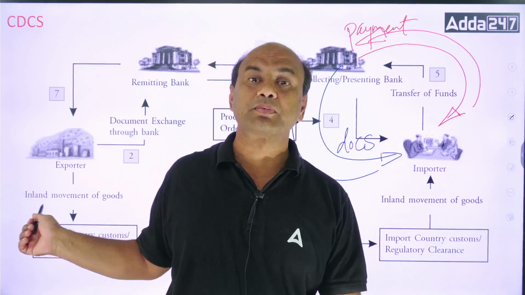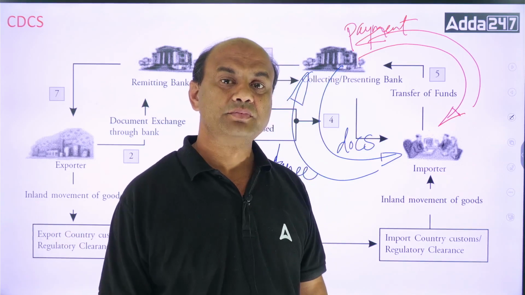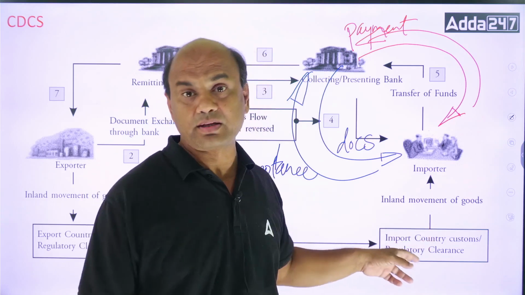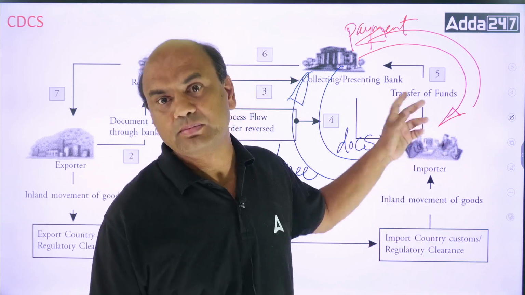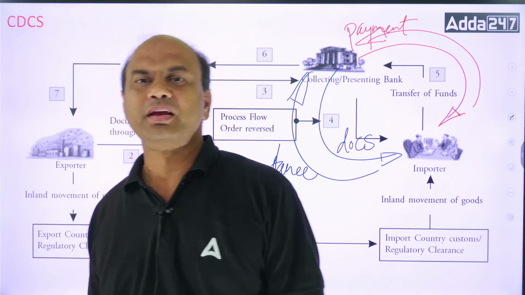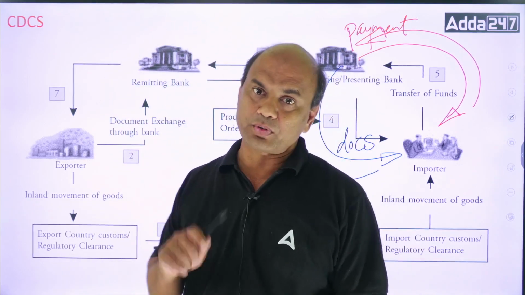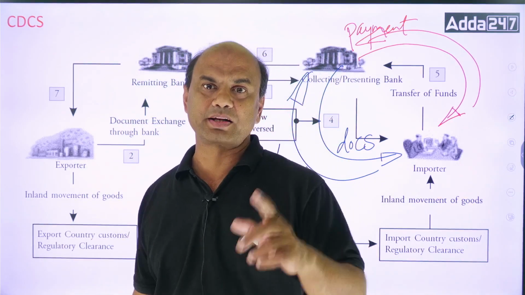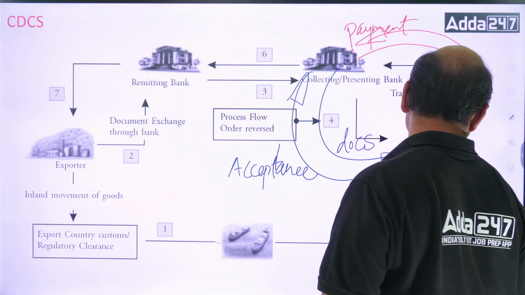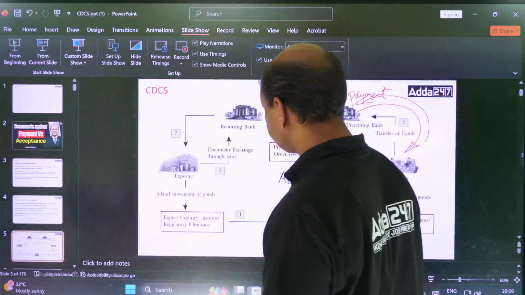The exporter is in a problem now. The importer is happy now. Why? Because he will first check the goods, whether they are right or wrong, and afterwards make the payment. So in DP, the importer is at risk. In DA, the exporter is at risk. So, that was about DA and DP.